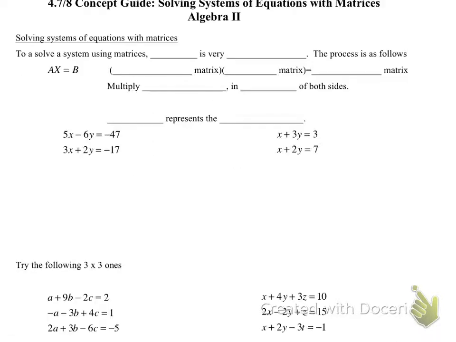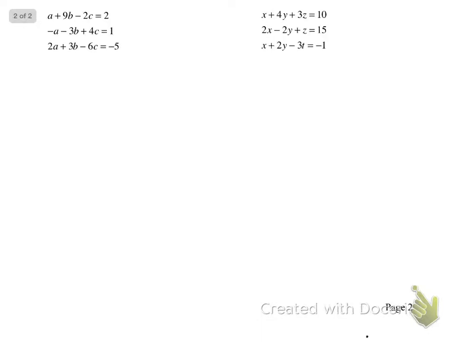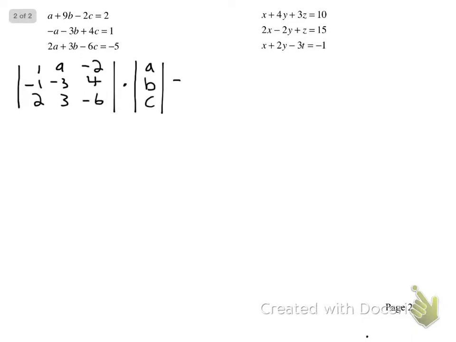Alright. Last page. I've got 3 by 3 matrices. Well, you're going to want to set them up the same way. You've got your coefficient matrix, your variable matrix, and what it equals.